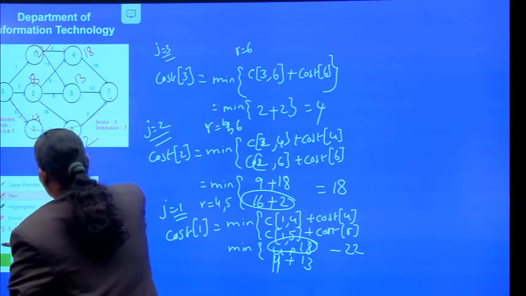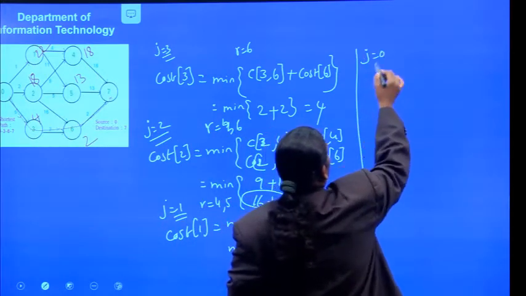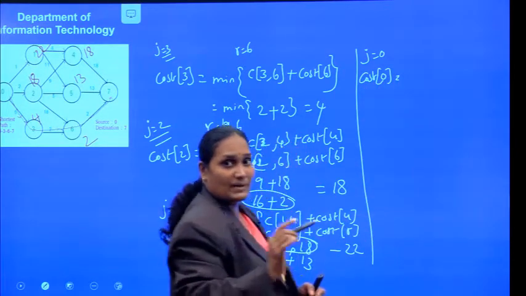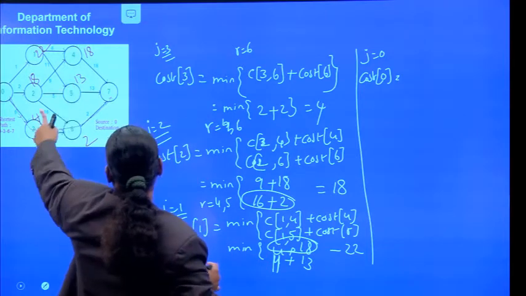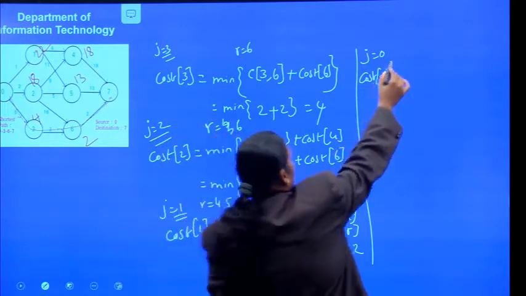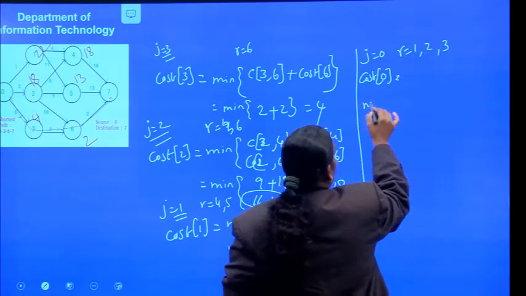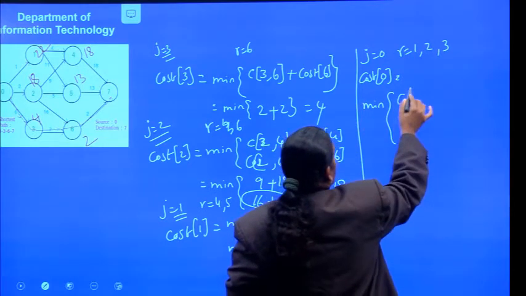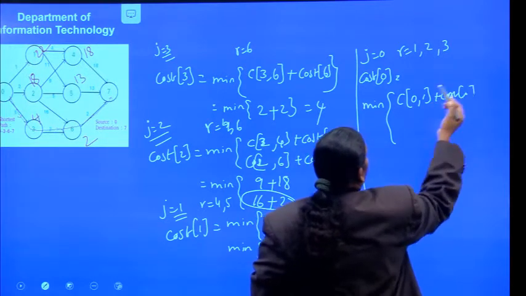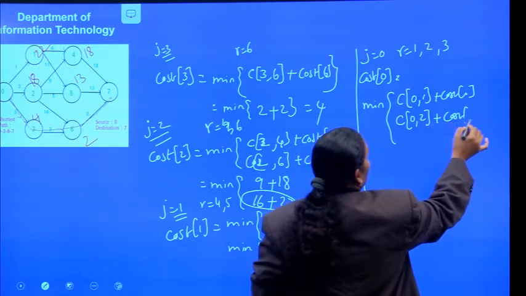Later, we need to find the cost of 0. Now here, when j is equal to 0, how to calculate cost of 0? What becomes R? 0 is connected to 3 vertices in the next stage. Those 3 vertices are 1, 2, 3. So R becomes either 1, 2 or 3. So here I will get 3 terms. One is C of 0, 1 plus cost of 1. C of 0, 2 plus cost of 2.